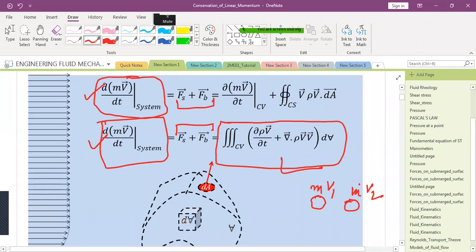So this rate of change of linear momentum on the left hand side could also be written as force. Now this force could be of two types: it can be a surface force or a body force. Is that clear?